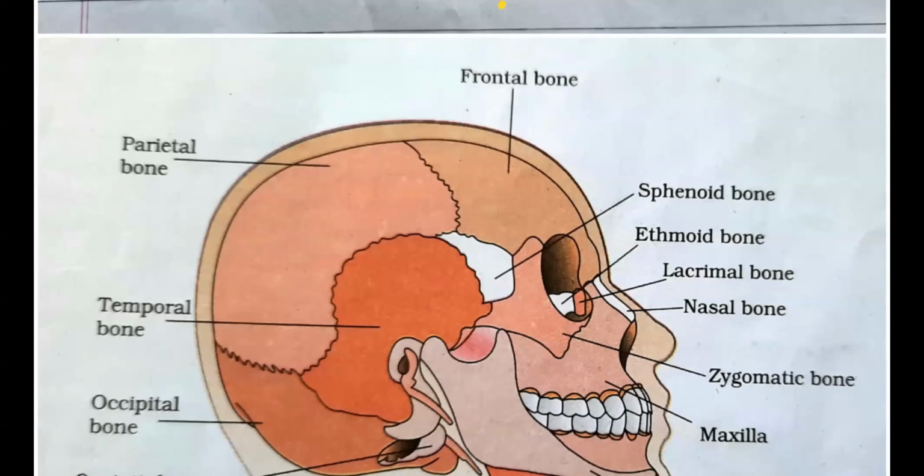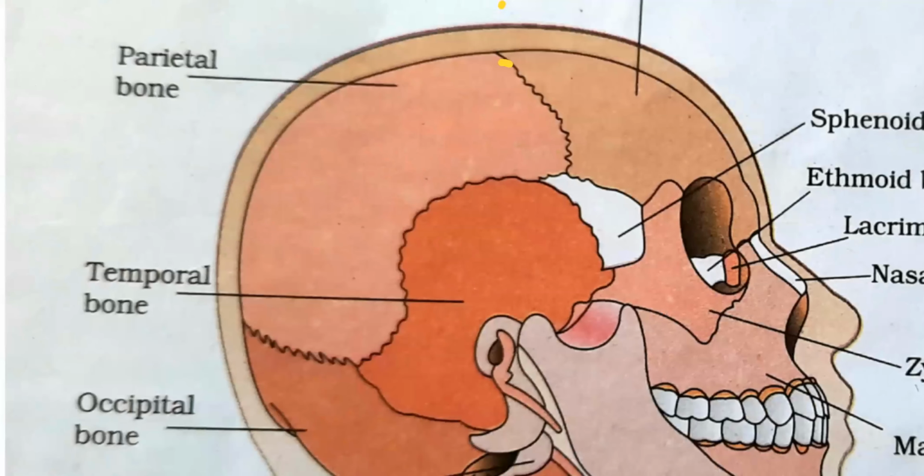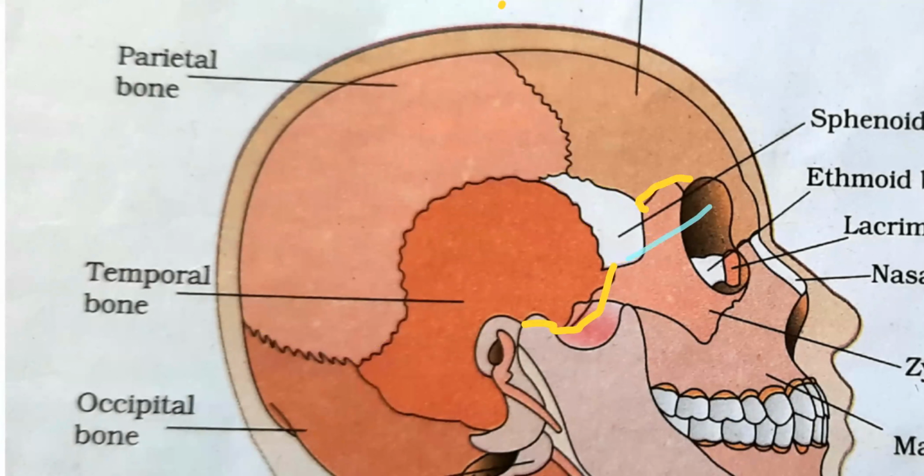Look at these joints. All these joints between these bones. These are the examples of fibrous joints, completely immobile.